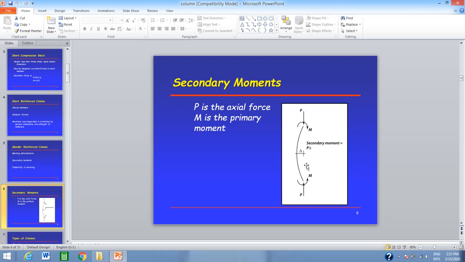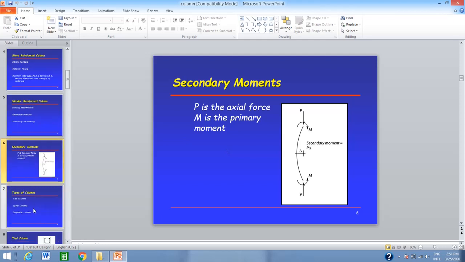In the case of a beam, if you apply a load perpendicular to it, it creates bending. So in a long column, we have to design for the axial load as well as the bending moments occurring at the ends. But in this course, you have to design a short column with axial load only.